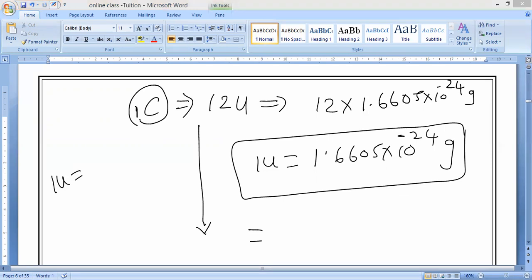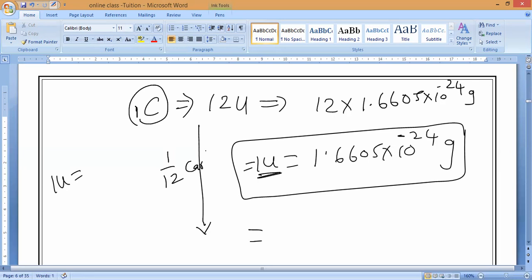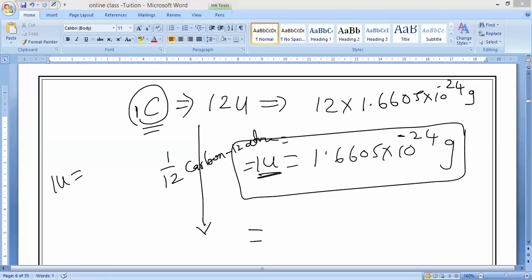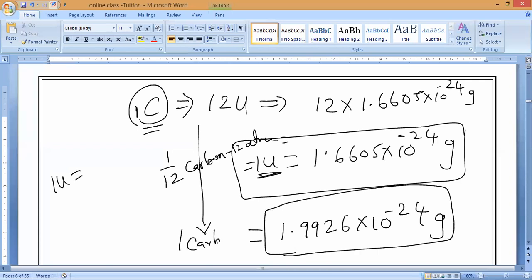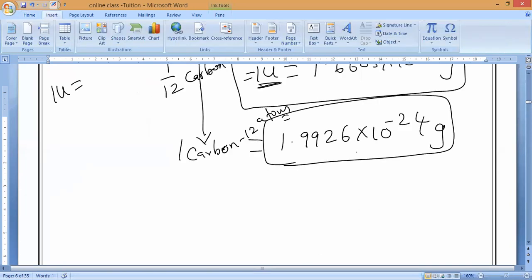By experiment, it has been found that the mass of one carbon atom is this. This unit means 1/12 of a carbon-12 atom. Do you understand, guys? Yes, sir.